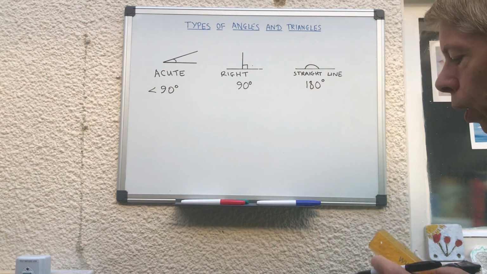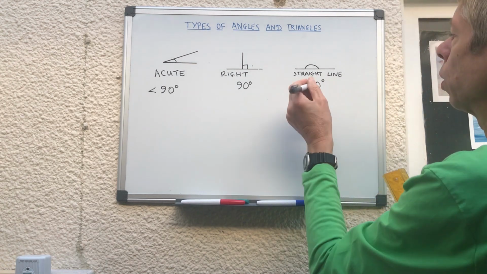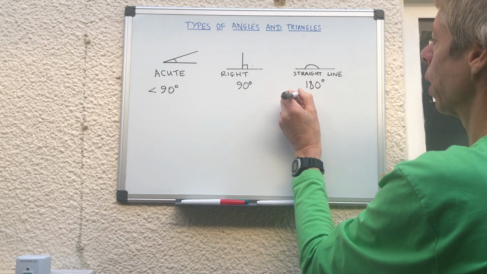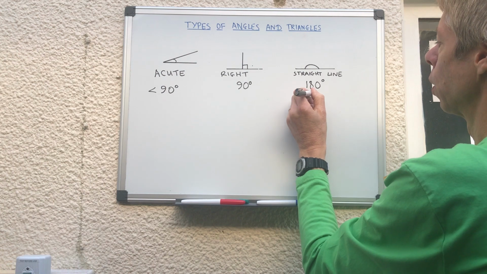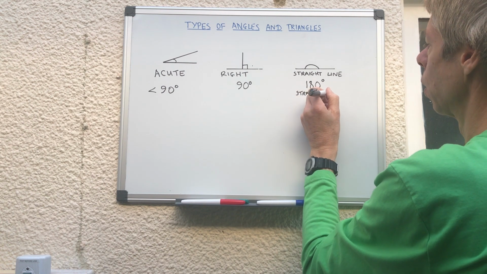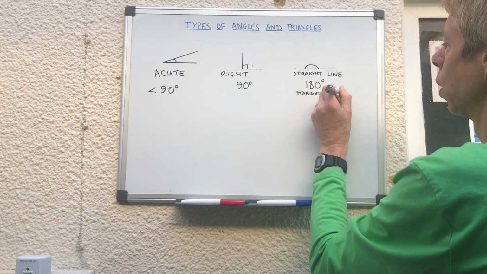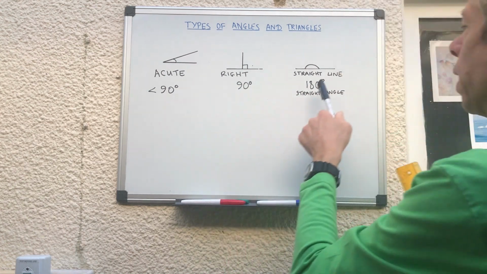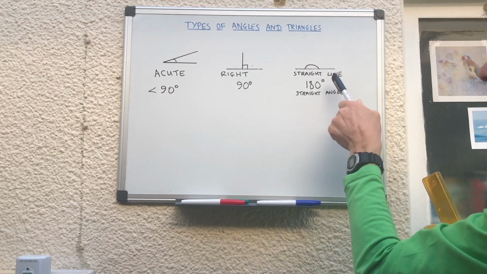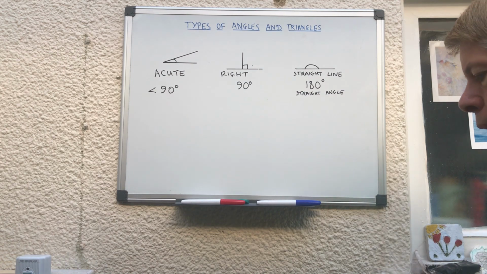Some people call it a straight angle. As I said, in a sense it's not really an angle. So it's a straight line, but you could call it a straight angle.